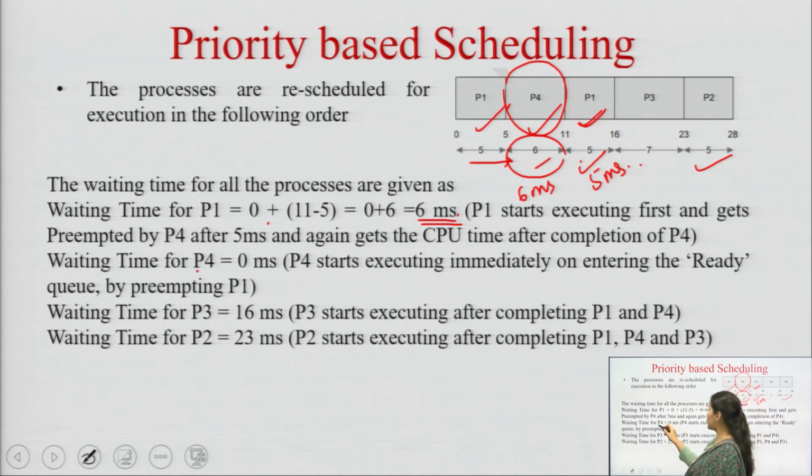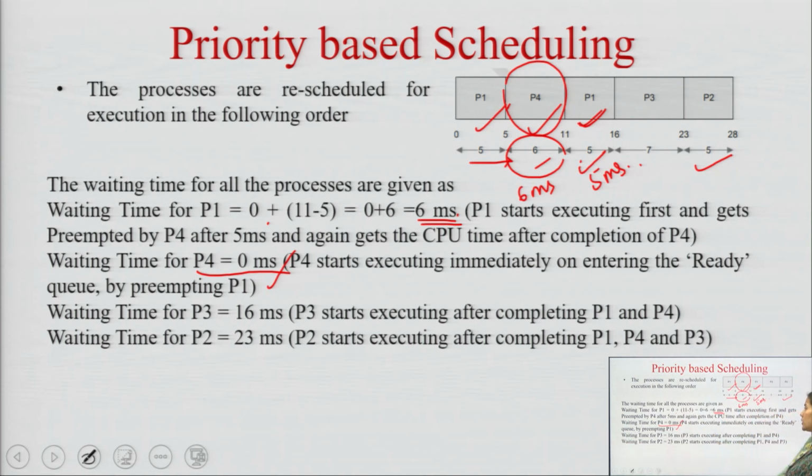Now, the waiting time for P4 is 0 milliseconds, because as soon as P4 enters the queue it has the priority of 0, that is the highest priority. So, it is given the chance immediately and does not need to wait for any other task to get completed. So, P4 has 0 waiting time.